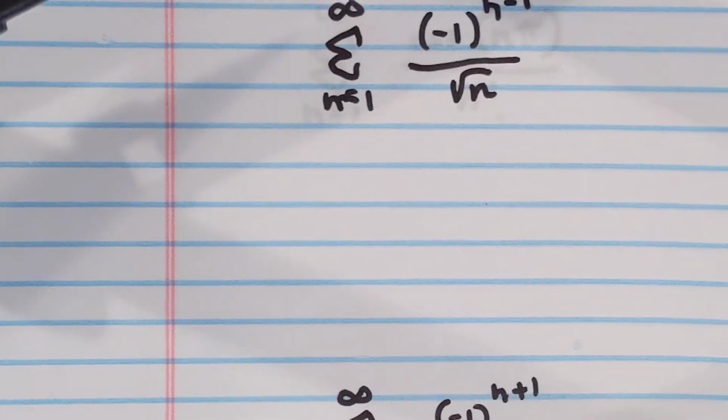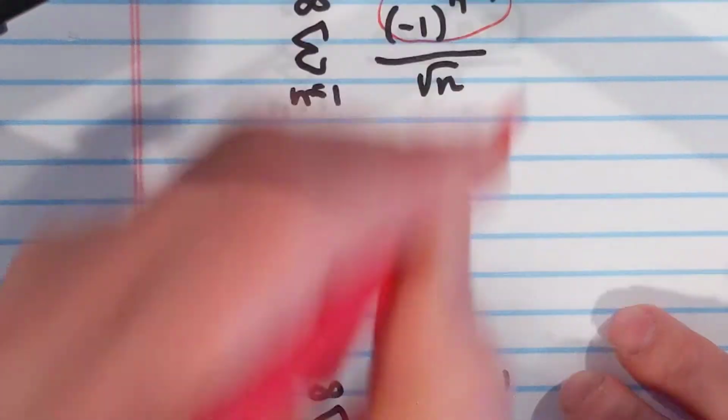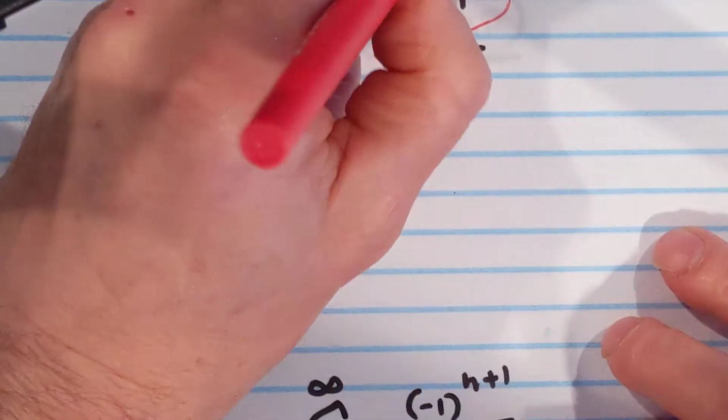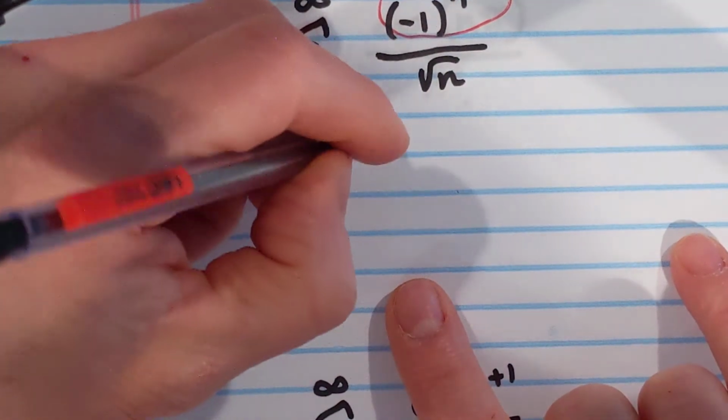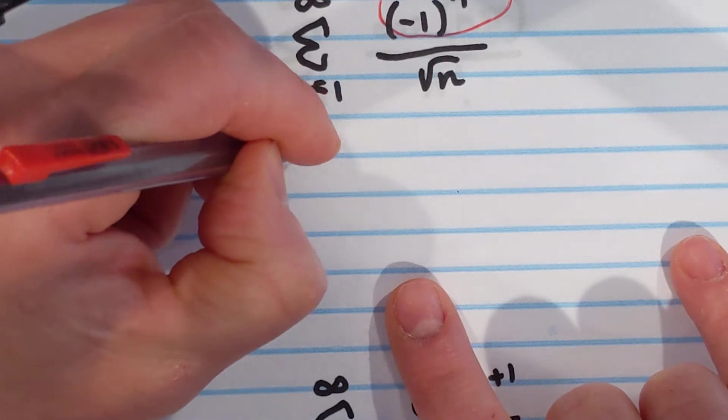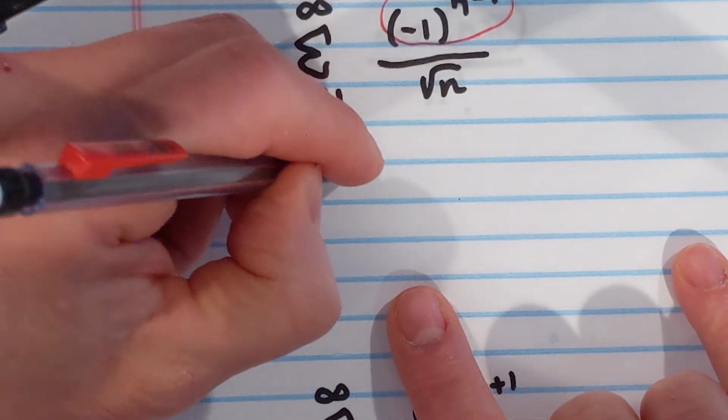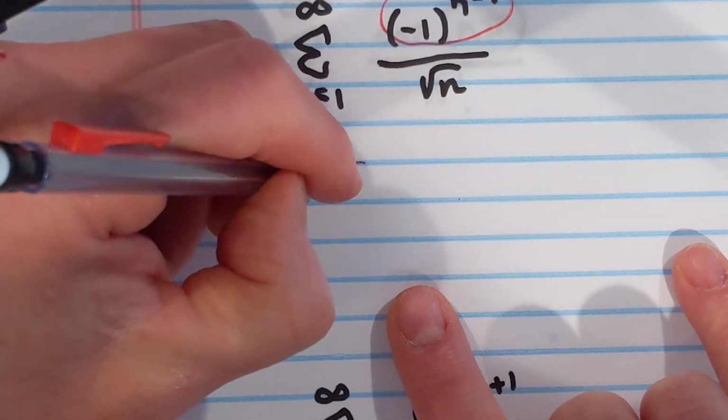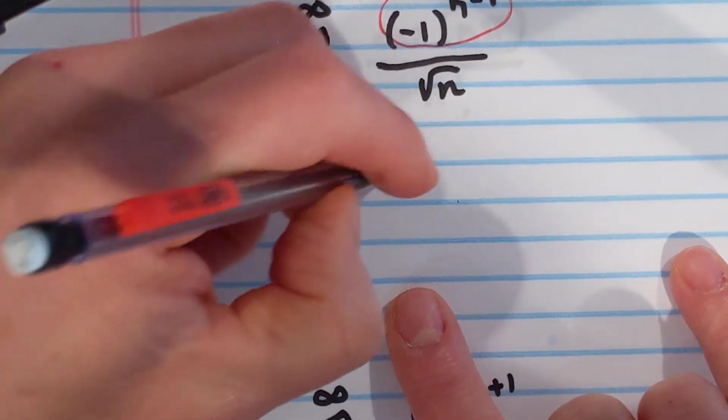All right, here's another one. Alternating. So it's part 1, I see it's alternating. Now I'm going to write it out. Plug in 1, I get positive 1 over square root of 1, which is 1.